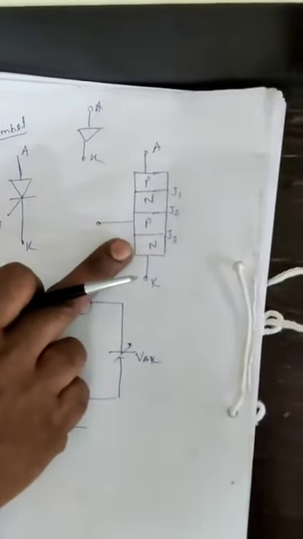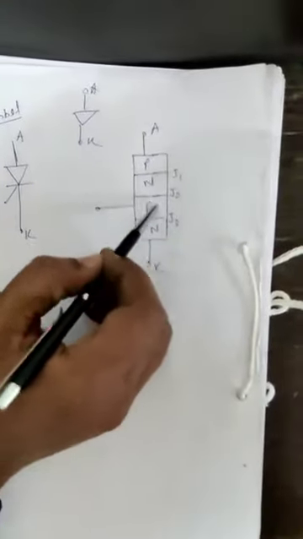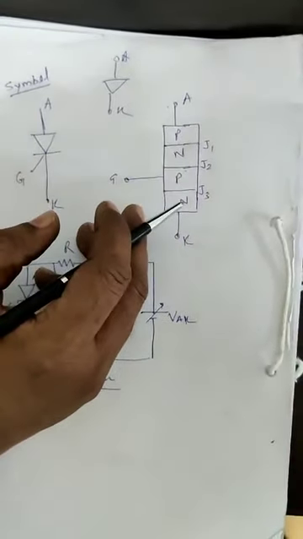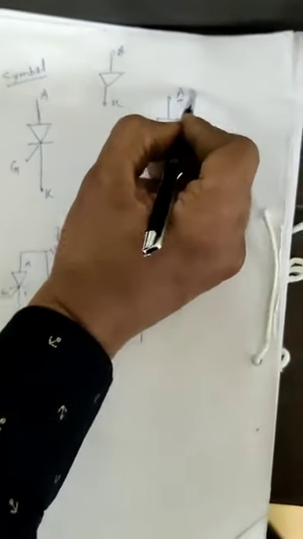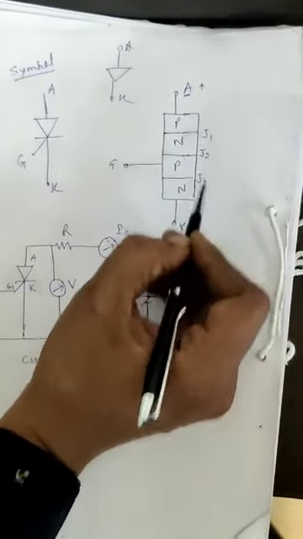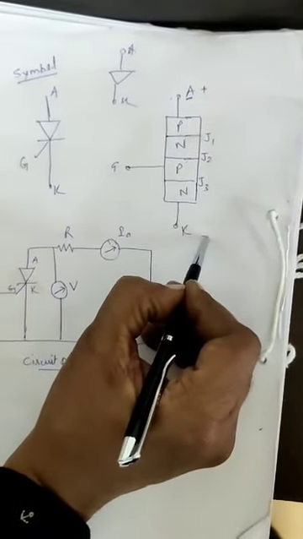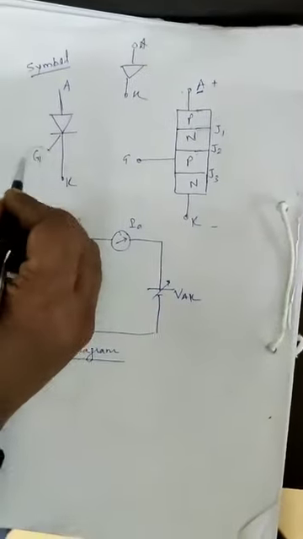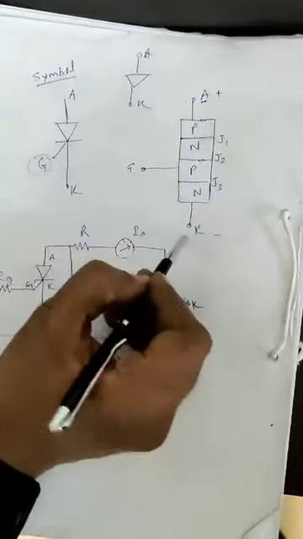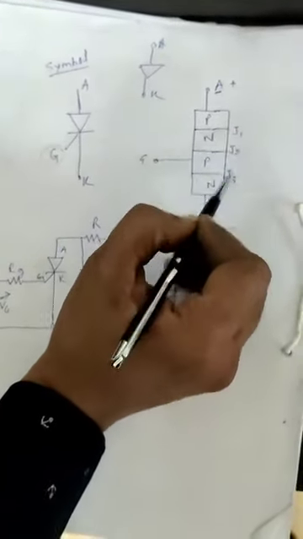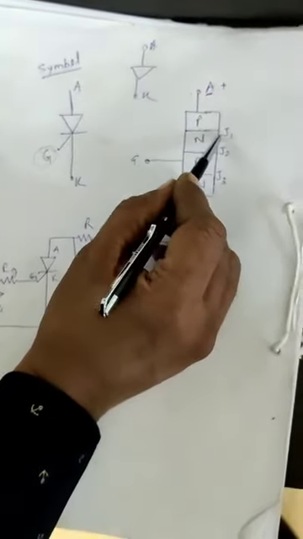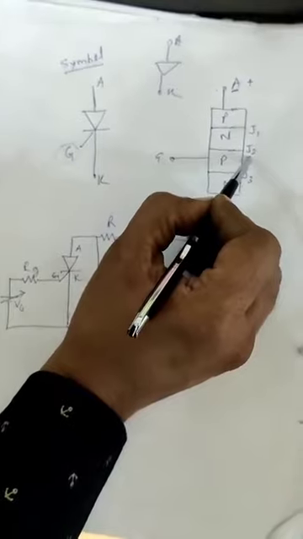In this diagram you can see there are three junctions, J1, J2, J3, and three terminals A, K, and G. Now, when the anode voltage is made positive with respect to the cathode, which is negative, and VG, the gate to cathode voltage VGK, is 0, J1 and J3 will be forward biased and J2 will be reverse biased.